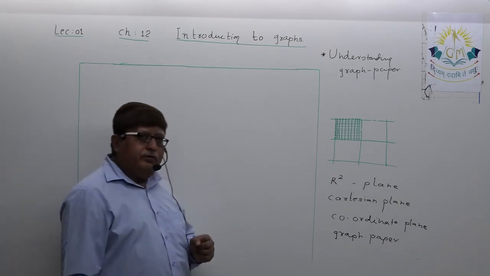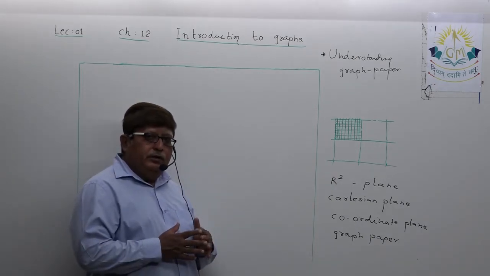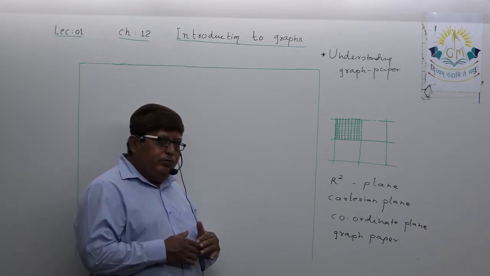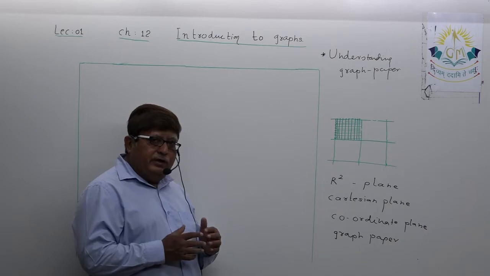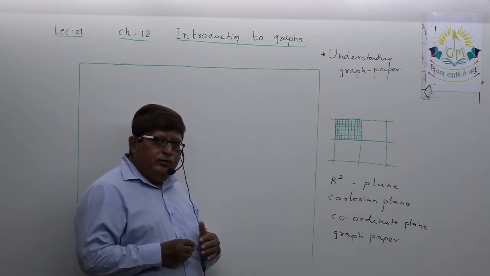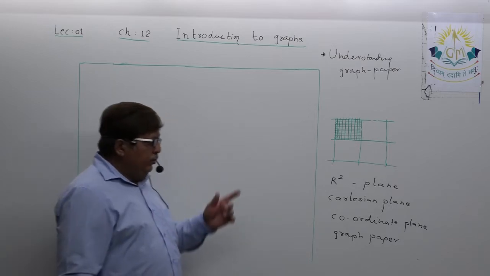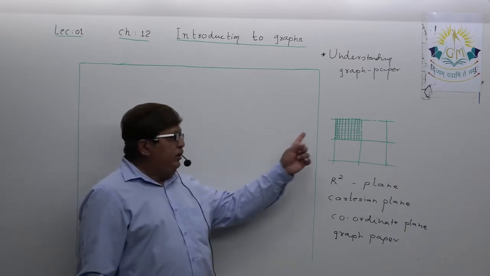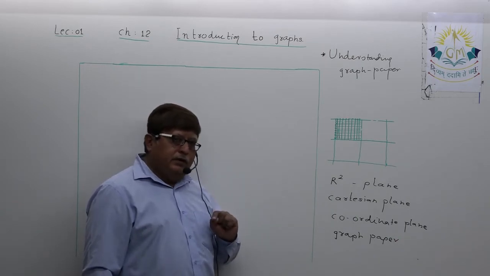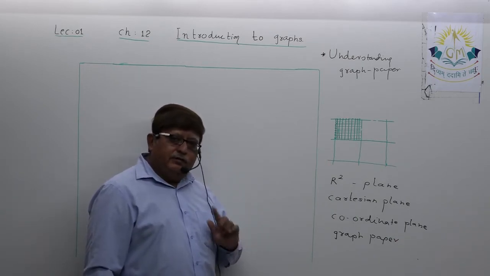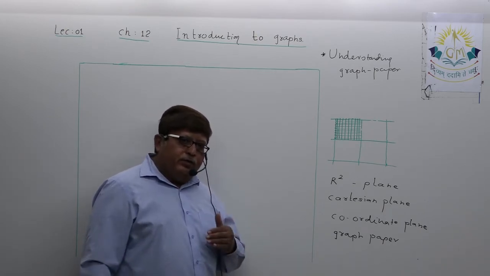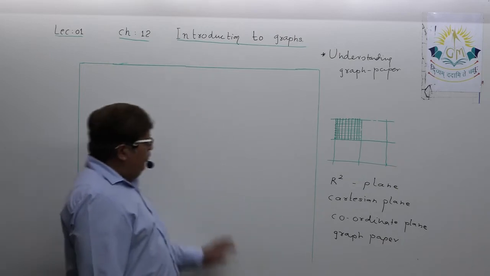So, first, our real target is to understand the R2 plane. What the graph paper is actually about, that is what we are going to understand. Okay, but for that purpose you need to have the knowledge of graph paper first. Understood, dear student? That's very, very important for you to have complete knowledge about the graph paper.